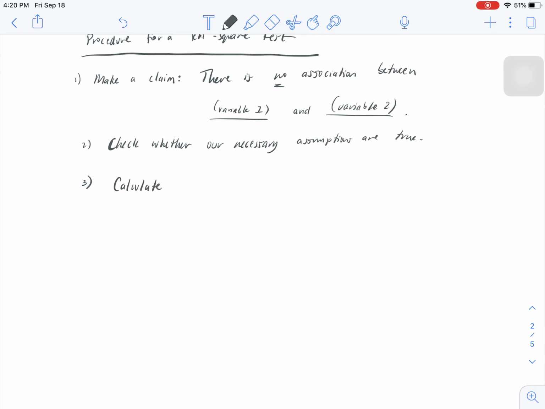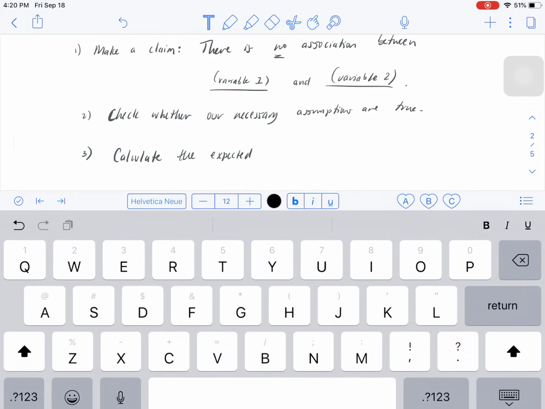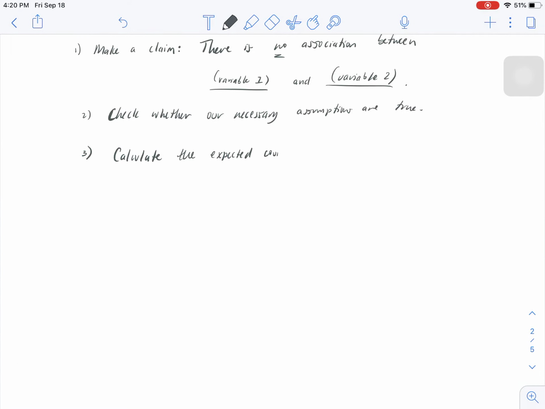So that brings us to the third step of a chi-square test. Here we need to calculate the expected cell count, or the expected count, for each cell. And I'm going to write down a formula here.